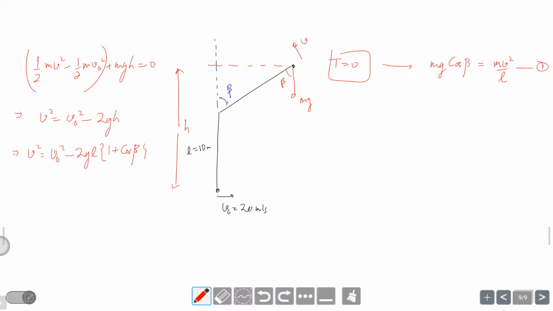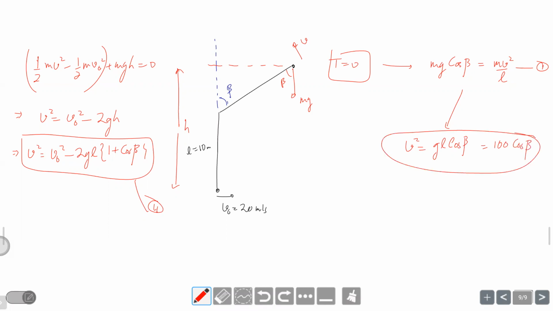This is my second equation. So from my first equation, the condition I'm getting is that v square is equal to gL cos theta, so here it is 100 cos theta. And from the second, v square is equal to 20 square minus 200 into 1 plus cos theta. These two equations we will solve.